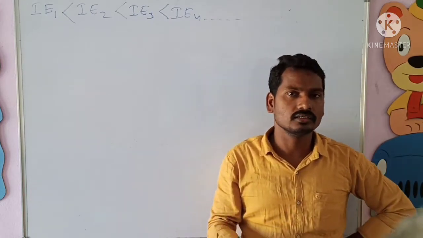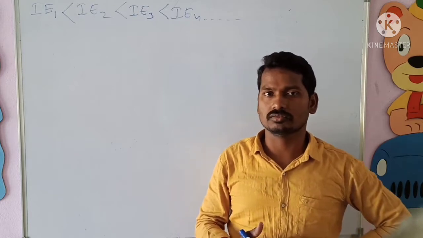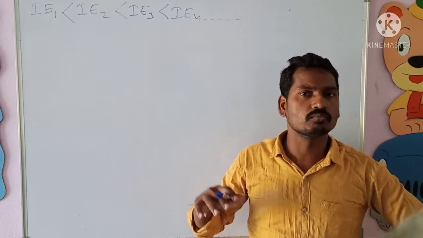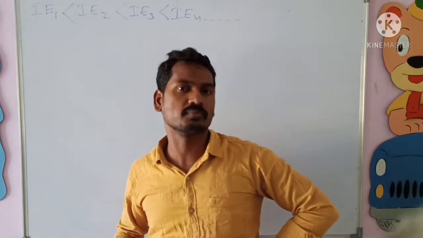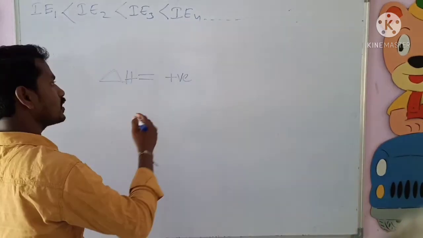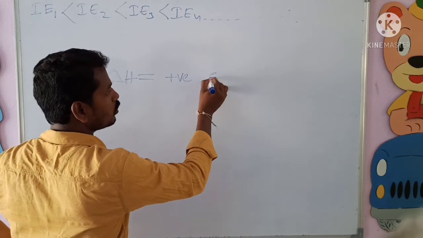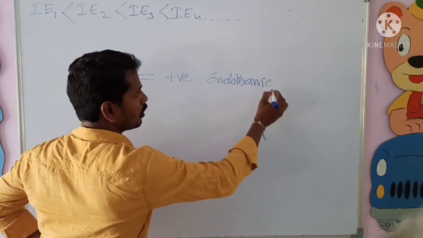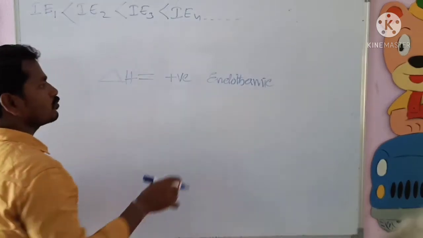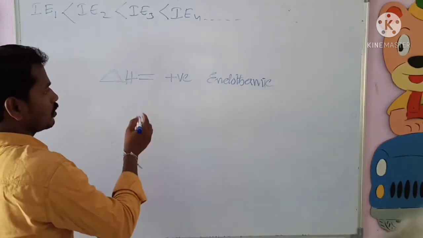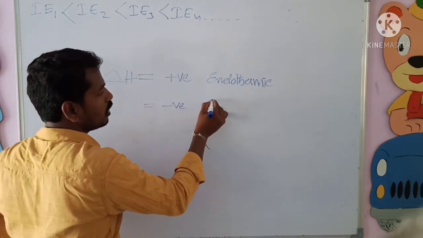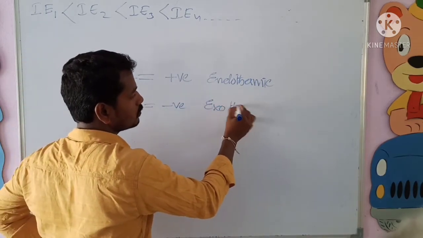Those are called exothermic reactions. Ionization energy 1 and ionization energy 2 are both endothermic processes. In some cases, delta H is negative, which is called exothermic.